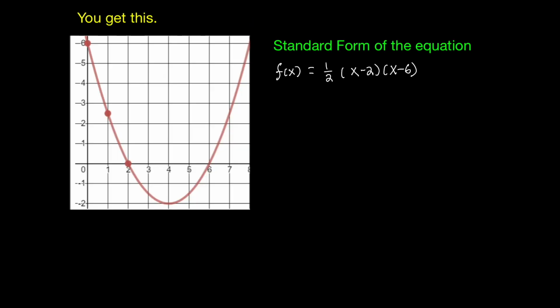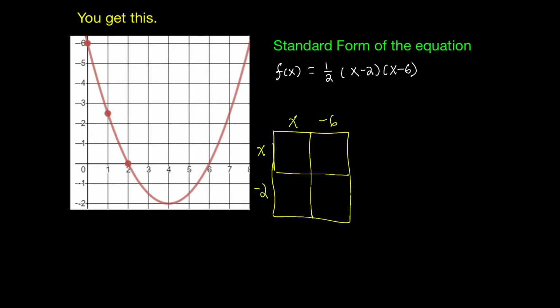And now we're going to get the standard form. Given the factored form, we're going to transform this into standard form by first multiplying x minus 2 and x minus 6. And for me to do that, I'm going to utilize this box here. I'm going to get x minus 2, x minus 6, and now I'm going to multiply these. So x times x, that's x squared.